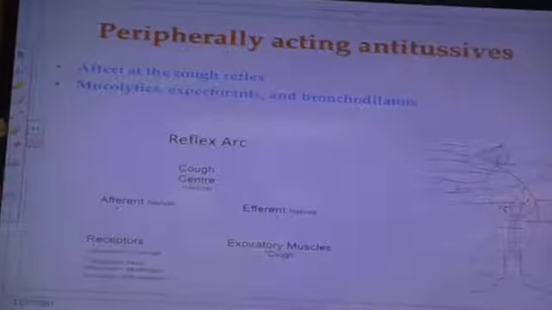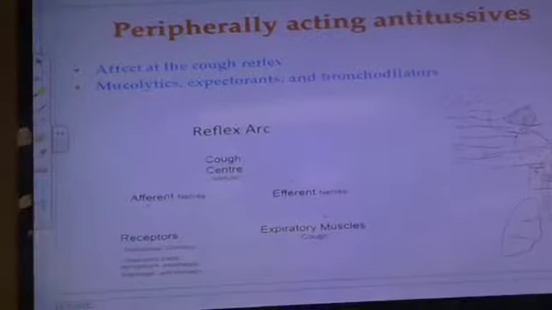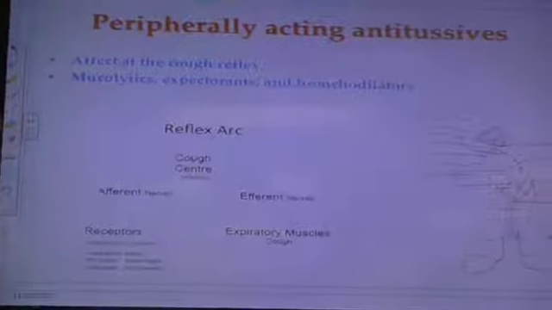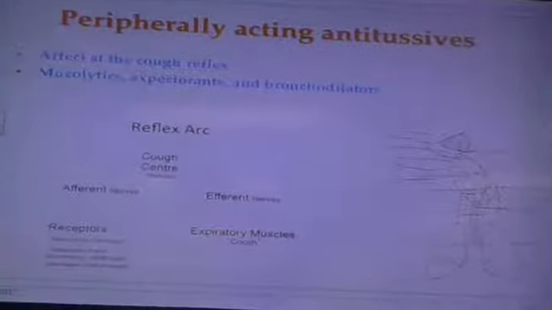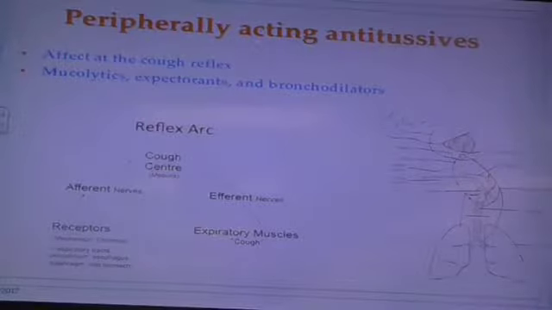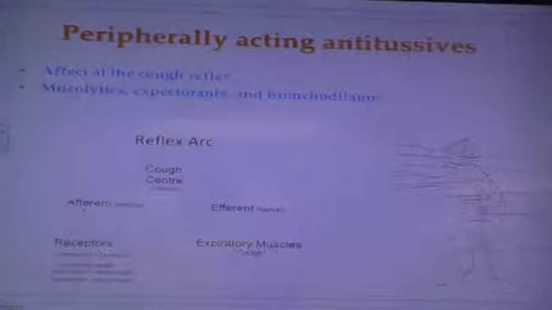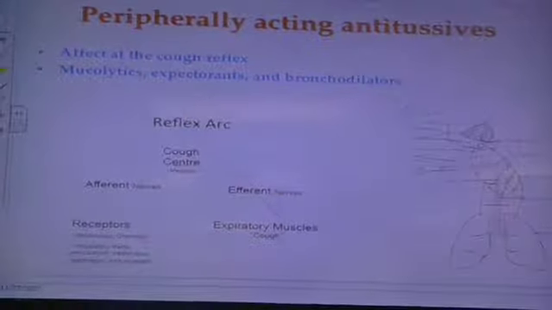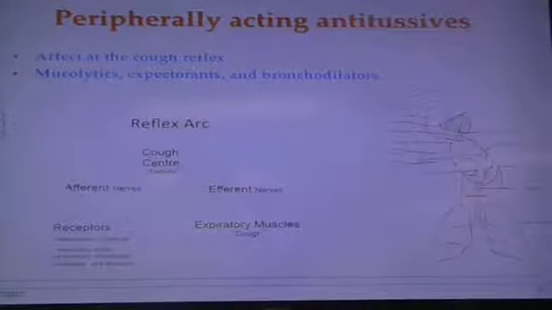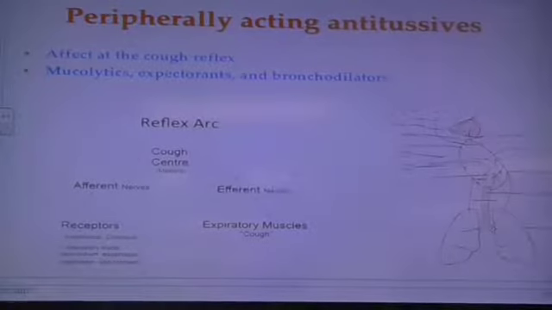Okay, we're going to start with the peripherally acting antitussives, the drugs that may manage to control the cough. They have two parts together. First is the central part, and the second one is the periphery. The periphery is what I'm going to talk about, the effect on the cough reflex.